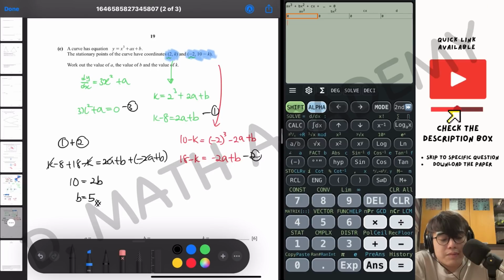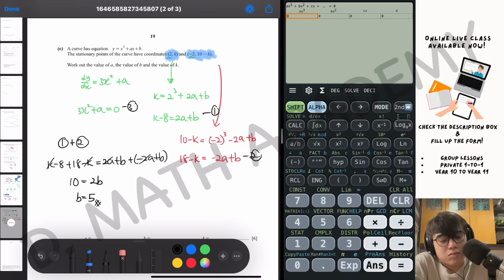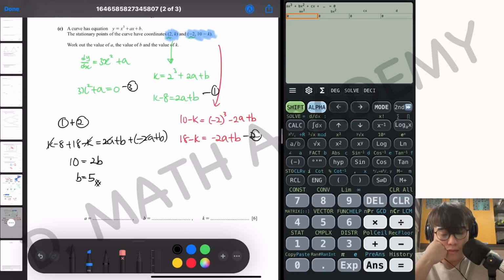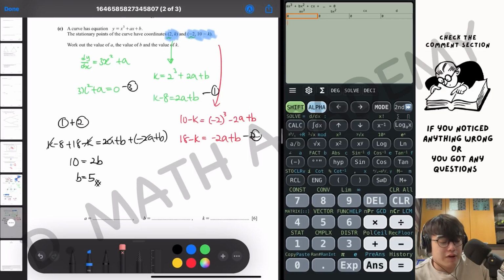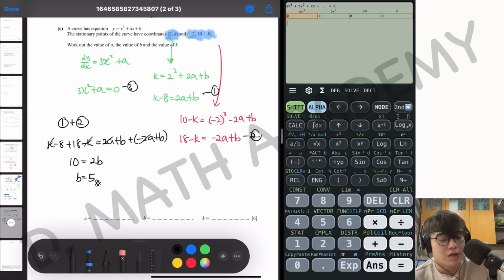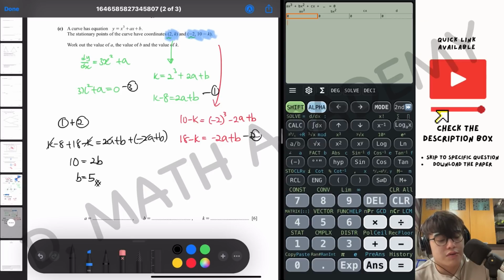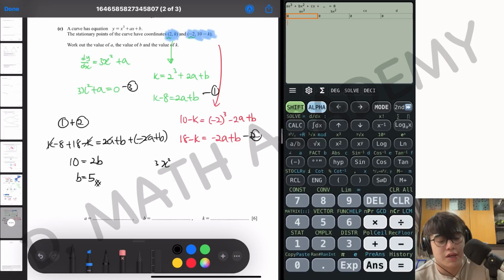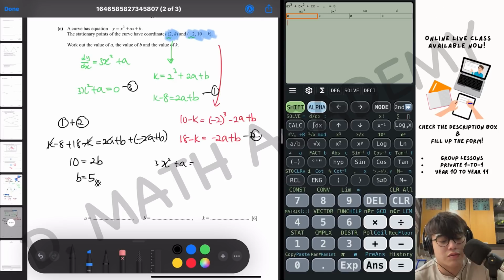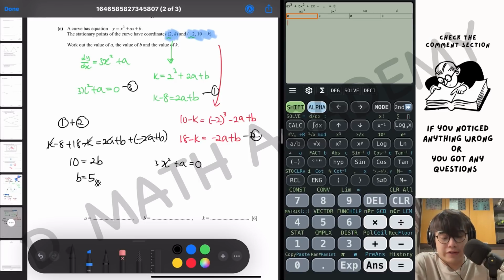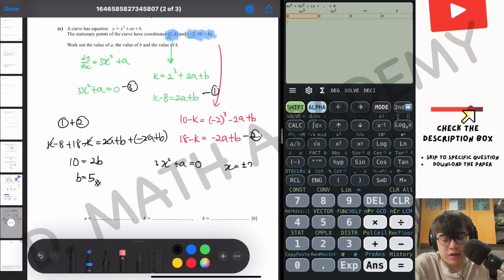By having b as 5, does it help us with our calculation? Maybe I can identify my a now. When 3x squared plus a equals 0, we know that our x results were positive 2 and negative 2.